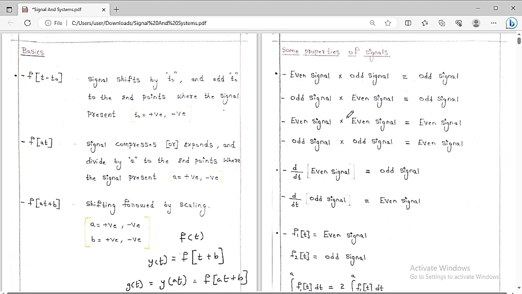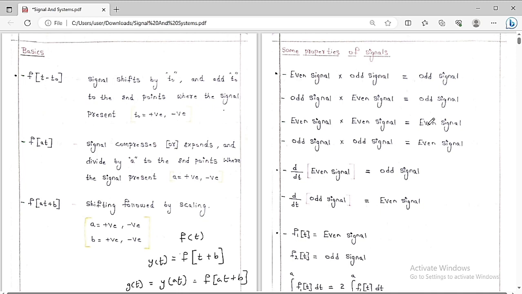You can see, both even into even is again an even signal, odd into odd is also an even signal. So, even signal into odd signal is odd, odd into even is odd, even into even is even, and odd into odd is also even. This point you always have to keep in your mind.